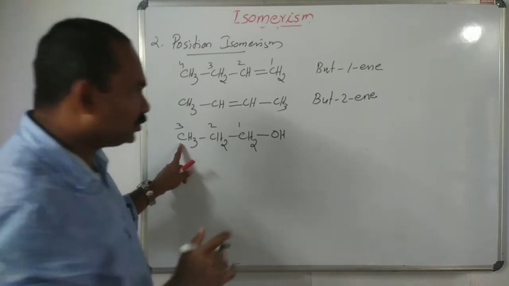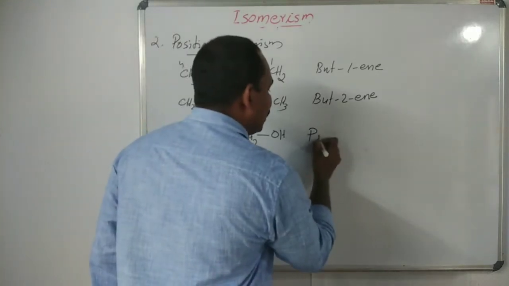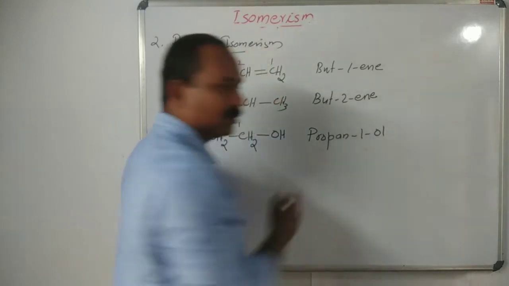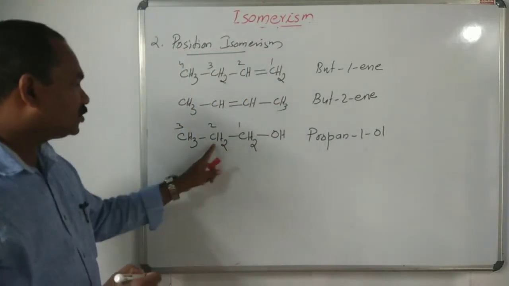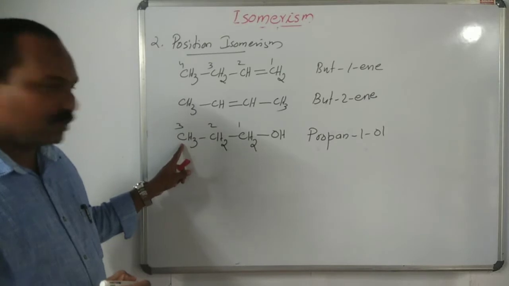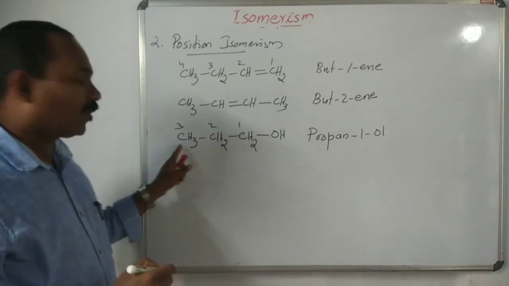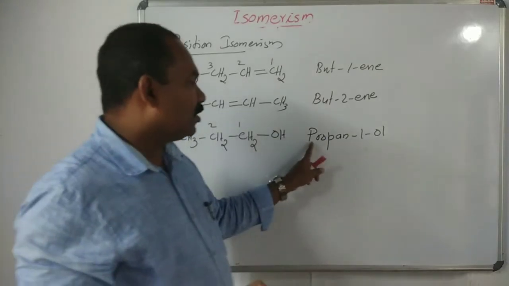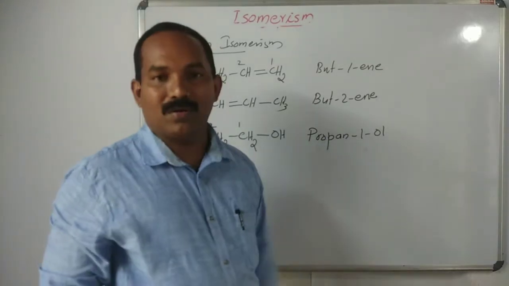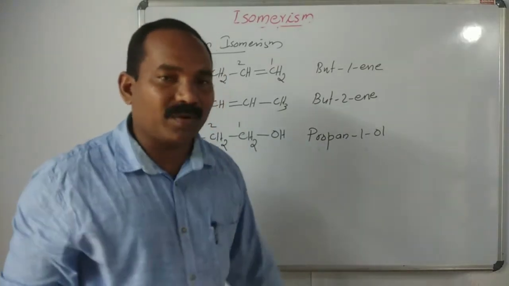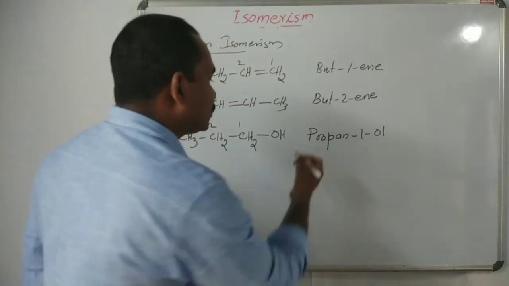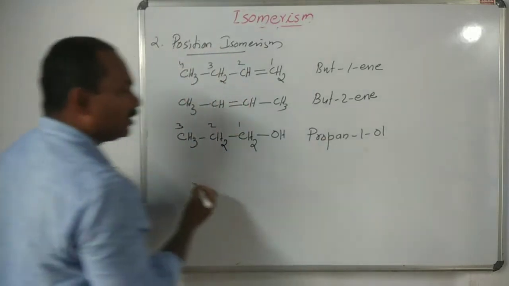This is a propyl group, and the first position has the OH group, so propan-1-ol. The final e of propane is dropped because the secondary suffix starts with a vowel. So it is propan-1-ol.